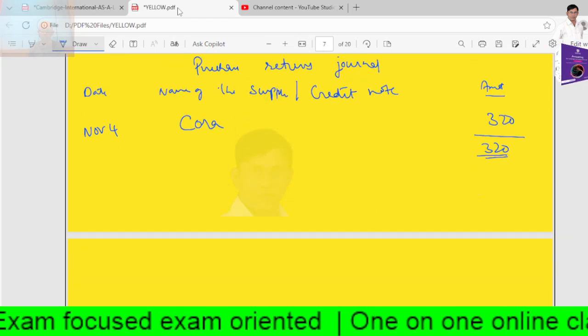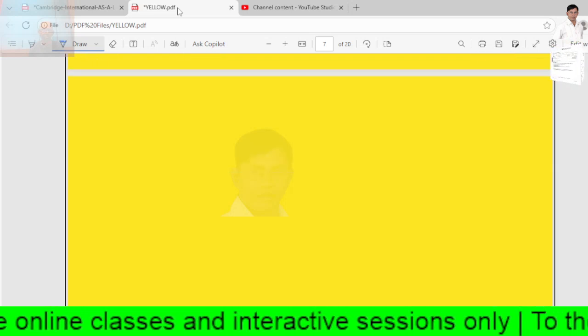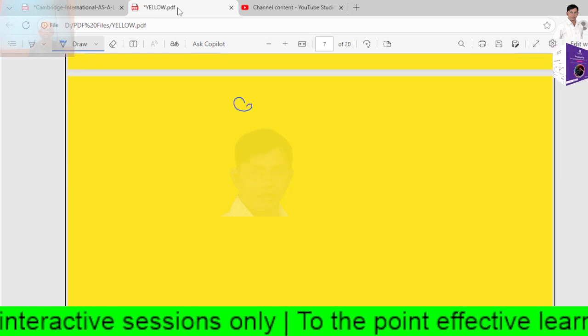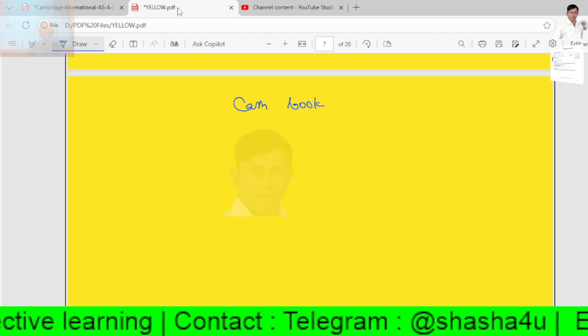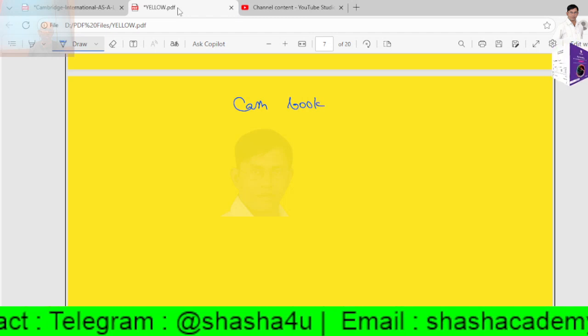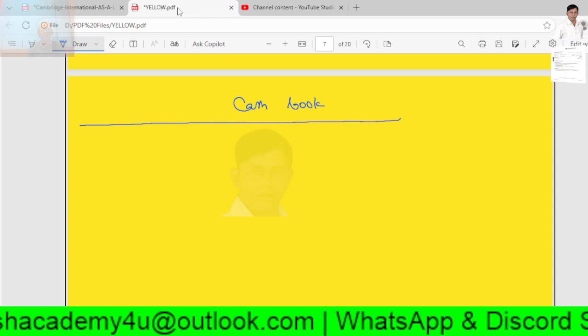Then next, what is the next book of prime entry? Cash book. So we have to prepare the cash book. What all will come? Discount column will come.